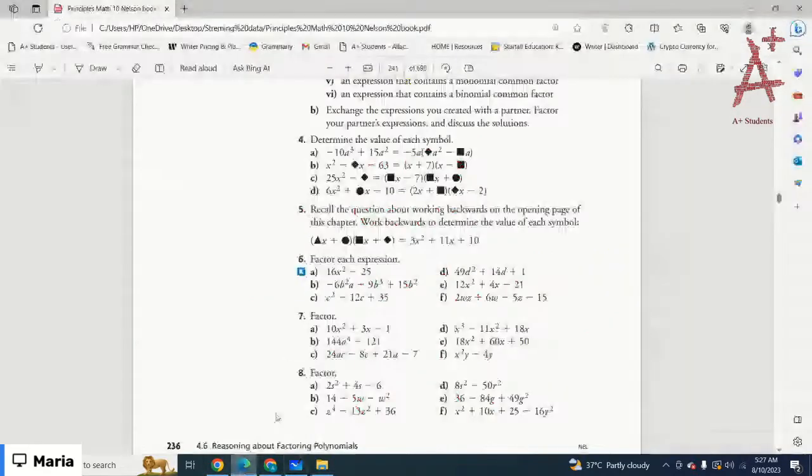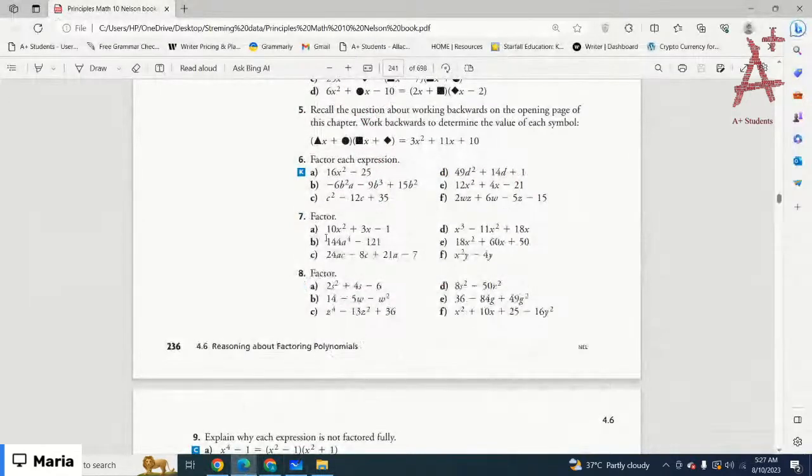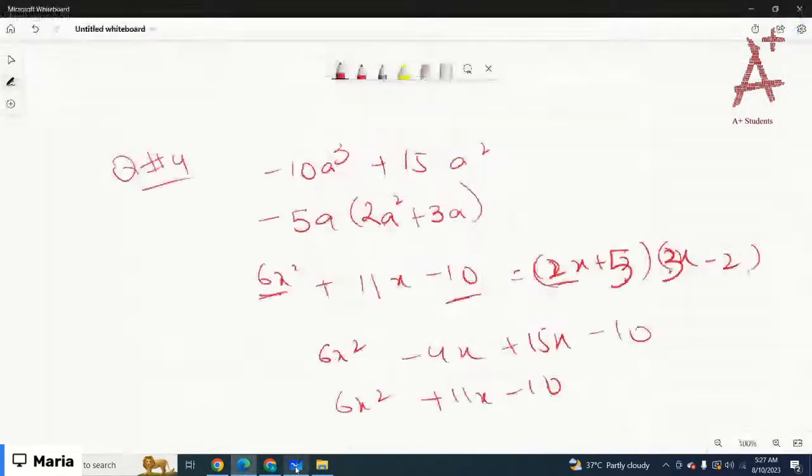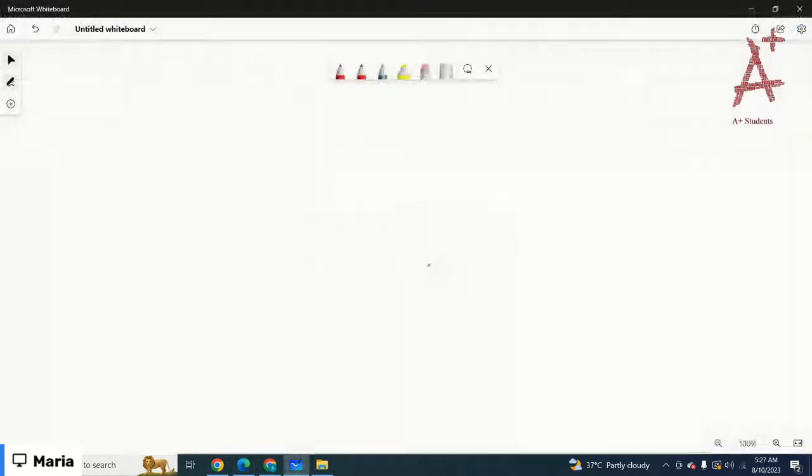The next one is question number 6. Factor each expression. 16x squared minus 25. This one is the square of 4x, and this one is the square of 5.